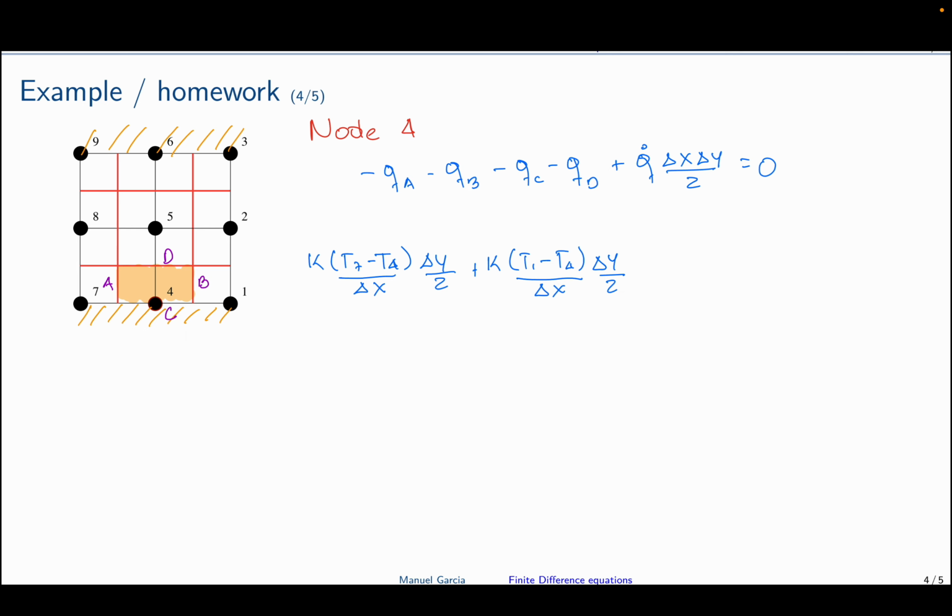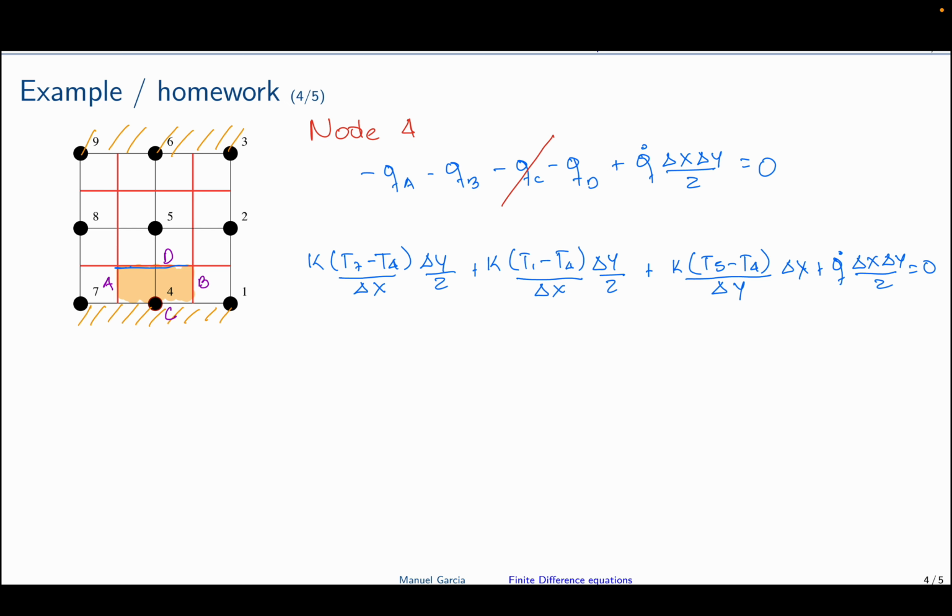Okay, next we have C. C is 0. And next is D, and D is the top surface, so it is K multiplied by T out, which is 5, minus in, which is 4, divided by delta Y, because it's gradient in this direction, and multiplied by the area, which is delta X, plus Q dot delta X delta Y divided by 2 equal to 0.